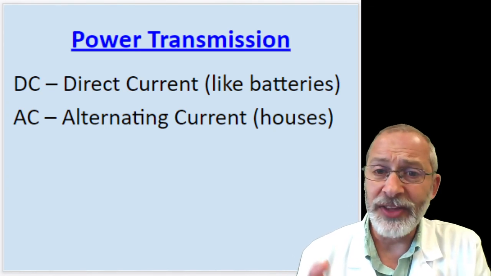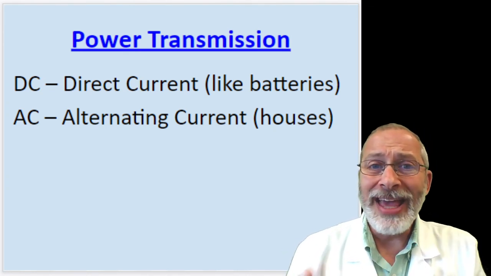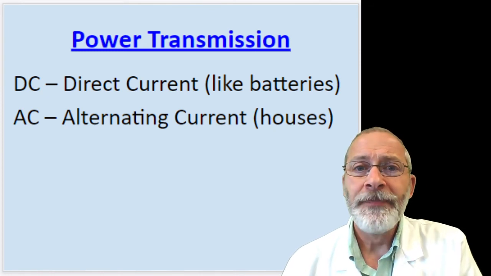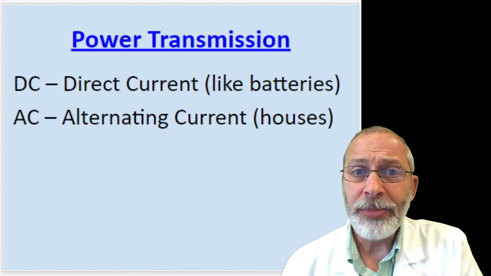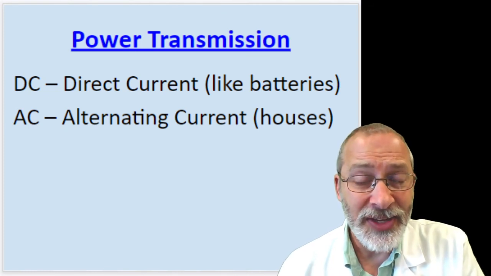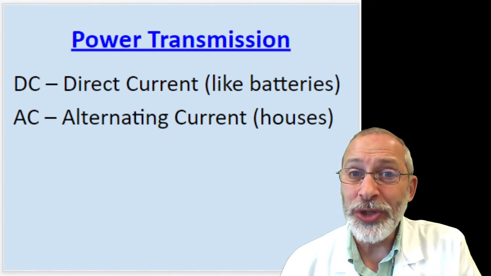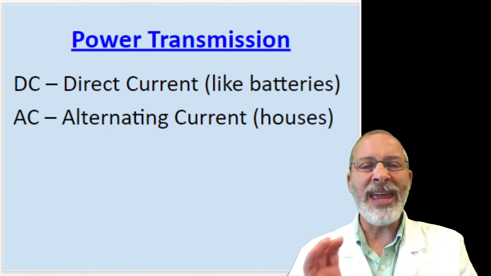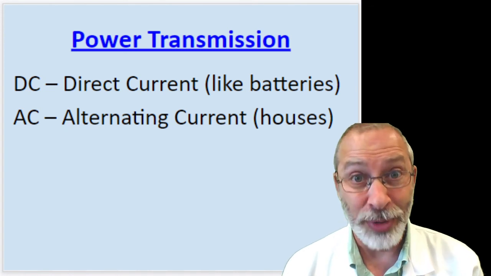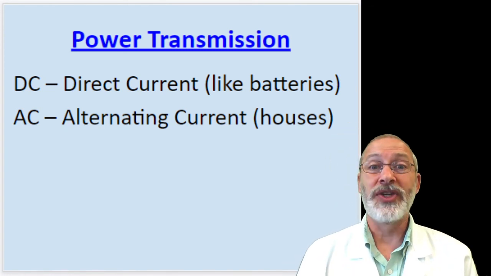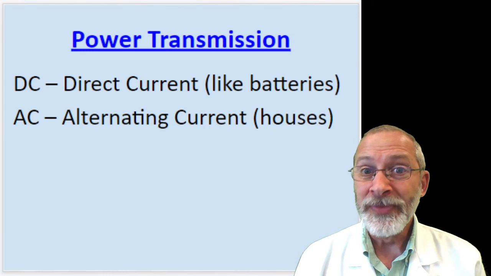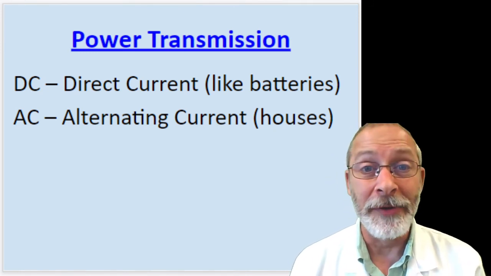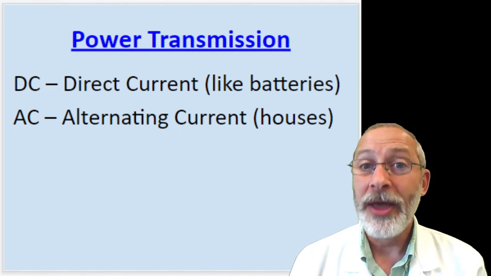Now, as I said, this difference between AC and DC was a major source of debate between Edison and Tesla. And I'm going to be linking you to a number of videos showing you the lengths that these two guys, in particular Edison, took to convince the public that their method of power transmission was better than the other person's.